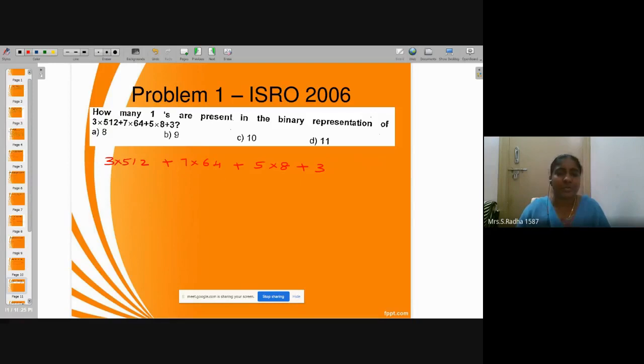So I will take this as 3 into 8 power 0, then 5 into 8 power 1, plus 7 into 8 power 2, plus 3 into 8 power 3.